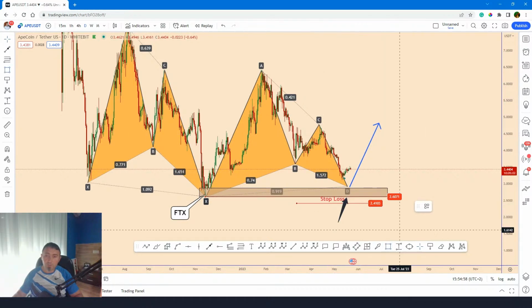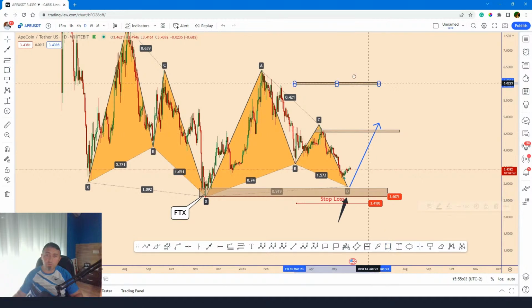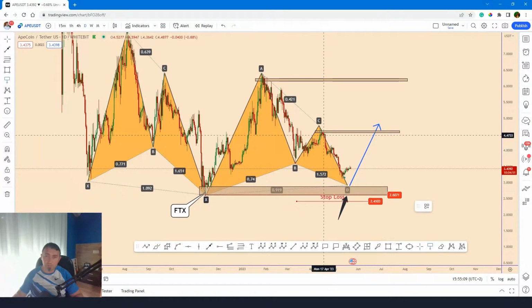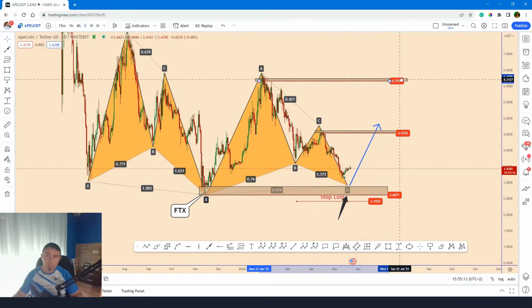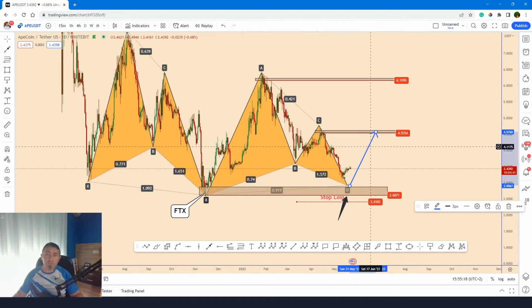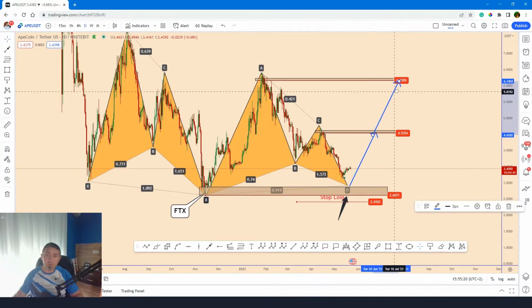So look at how many patterns we are looking at that are showing a possible bullish opportunity. In my opinion, it's a second chance that we can join this trade, and the chance is not on Bitcoin and Ethereum this time, but the chance is very high on altcoins.